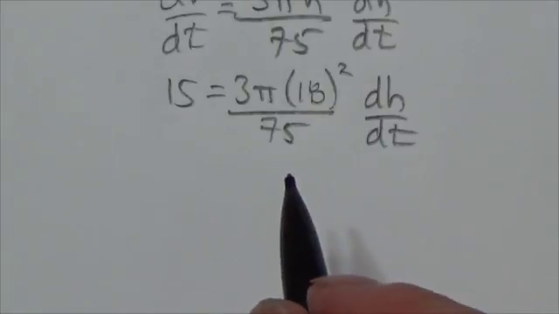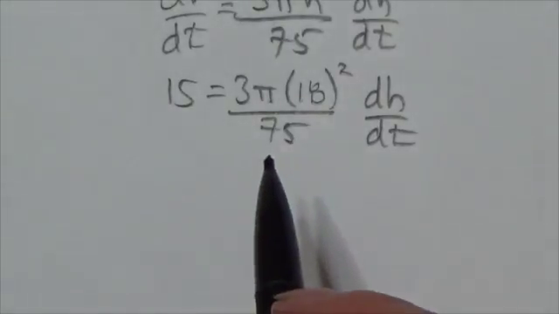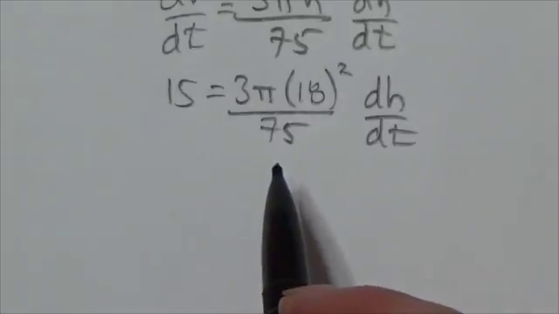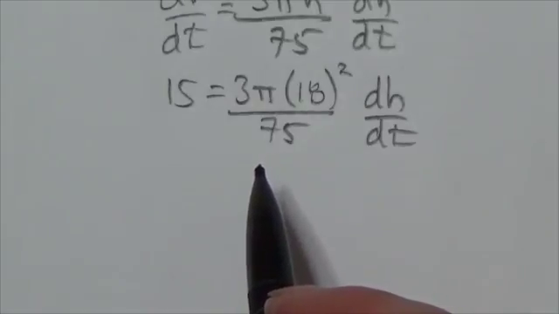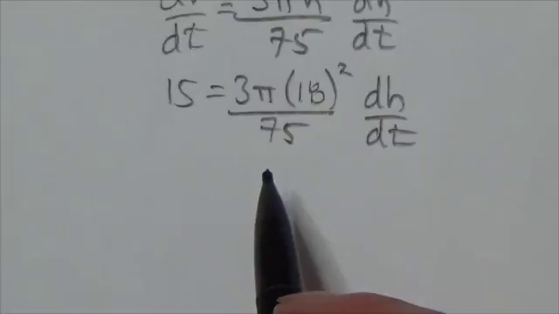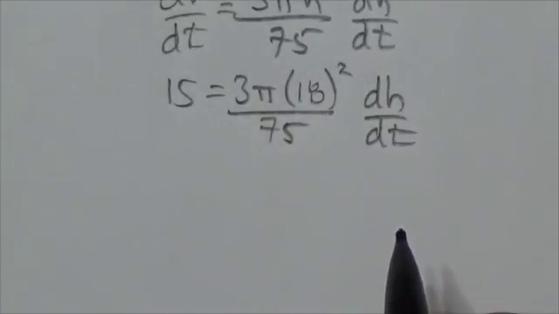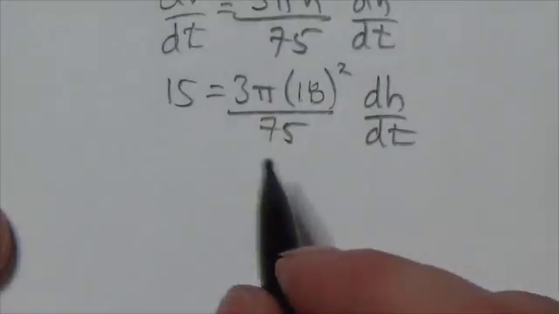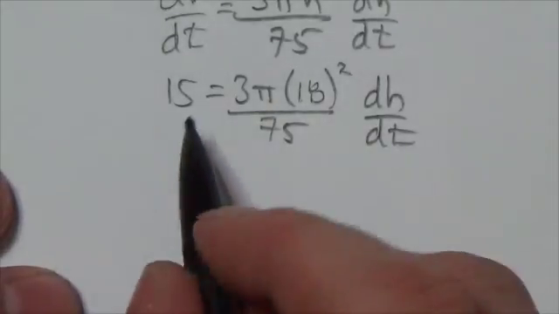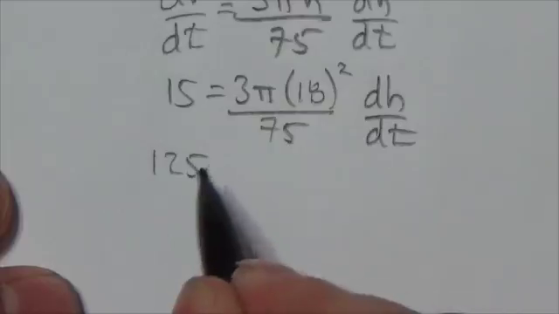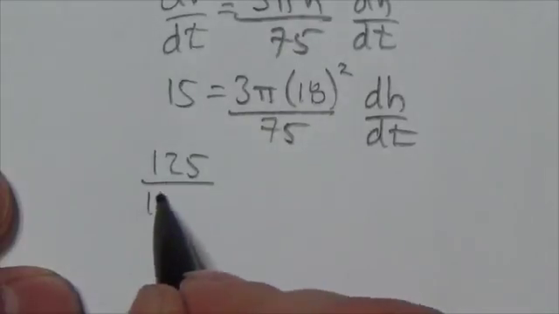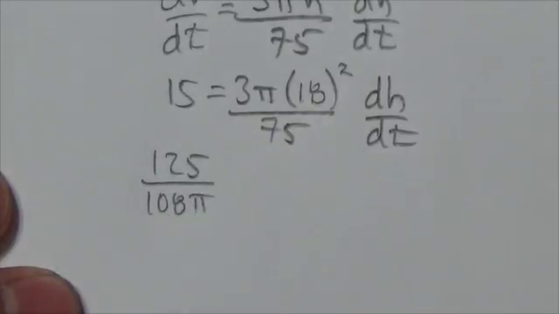I'm going to take 15, multiply that by 75 in the denominator, then divide by 3 times 18 squared. I'm not expecting this to be a nice value here, but the calculator will convert that to a fraction for me. That's pretty nice here. And so I will get 125 all over 108 pi.